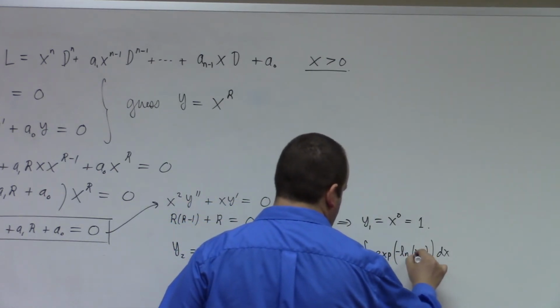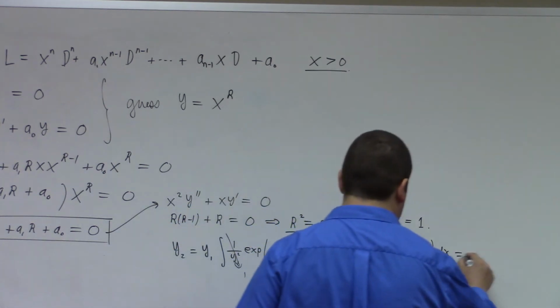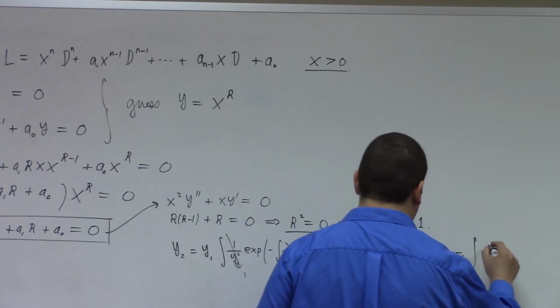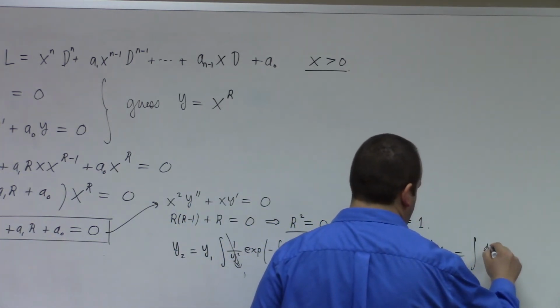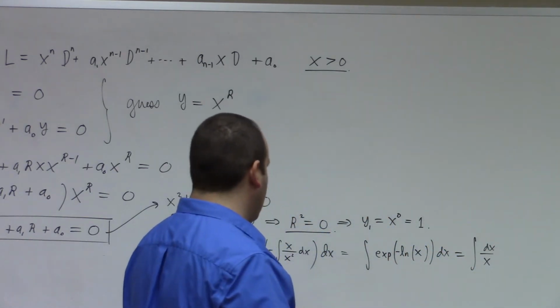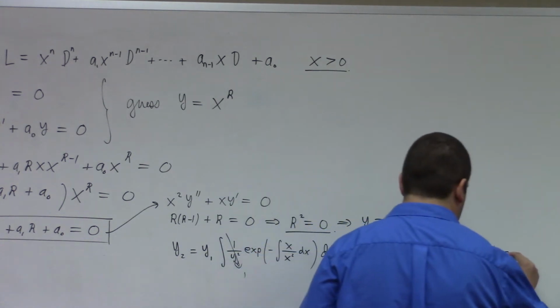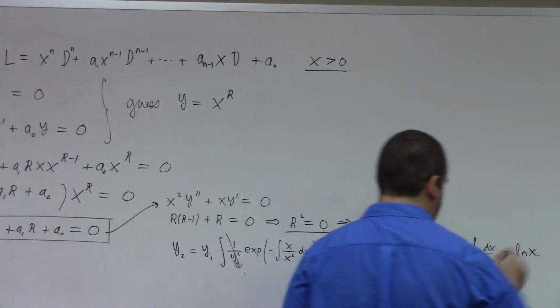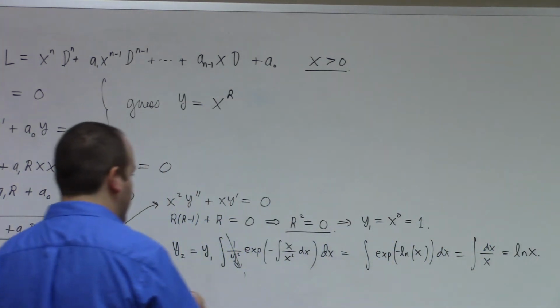Right, it would be this, right? And then, like you said, that gives us the integral of dx over x, right? Because we still have another integral to do. And that is what? Natural log of x. It's just like I was telling you without proof.